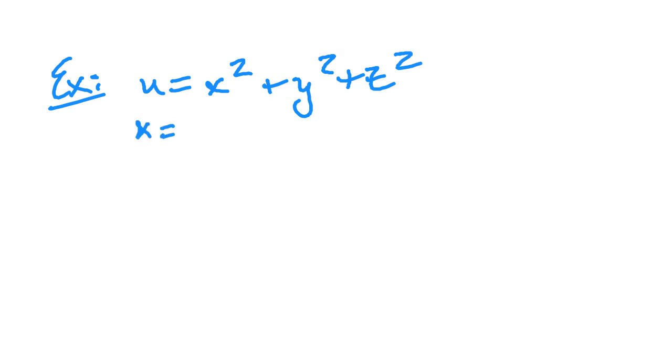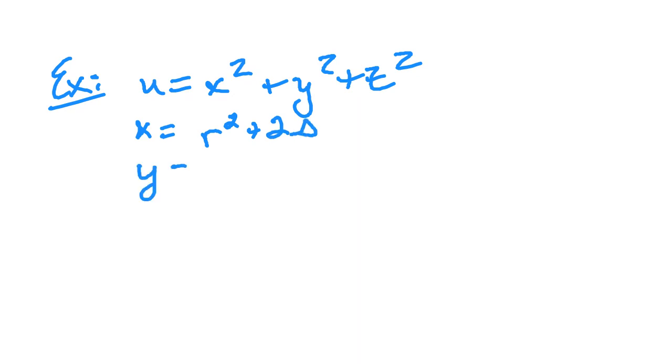Let's say that u is x squared plus y squared plus z squared, just something easy like this. Let's say that x equals r squared plus 2s.